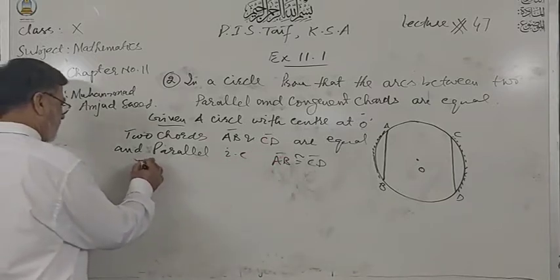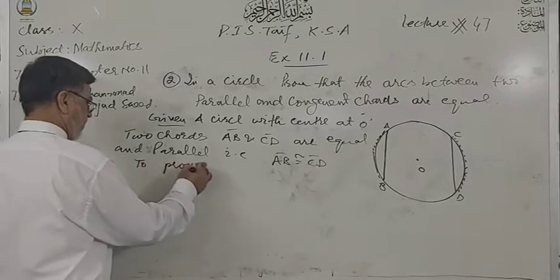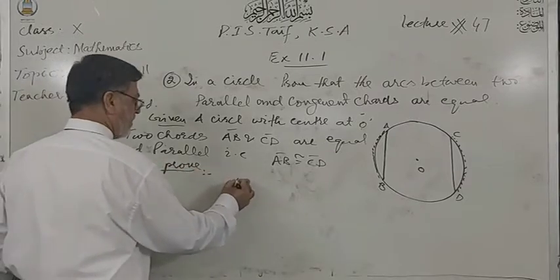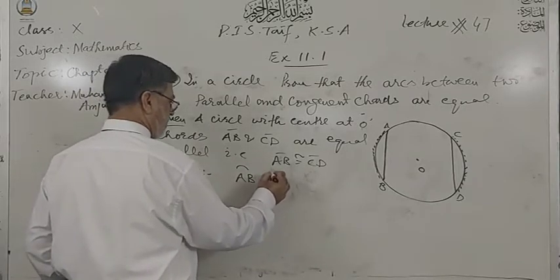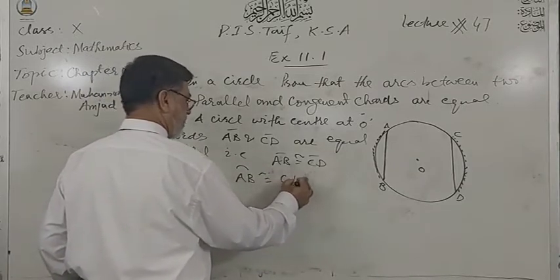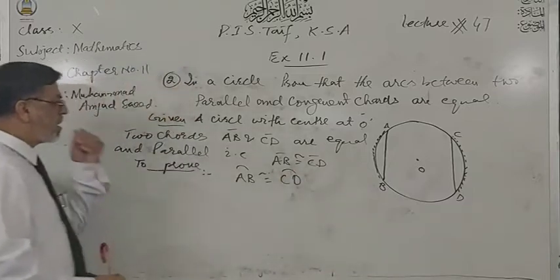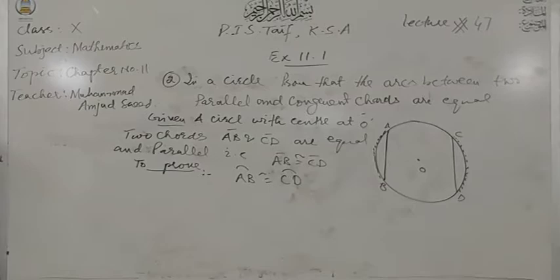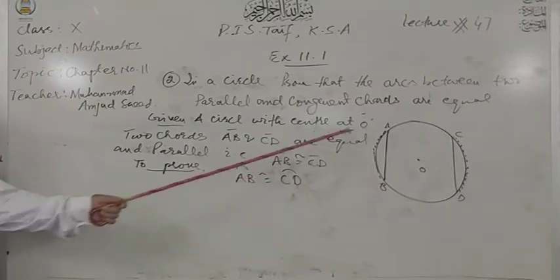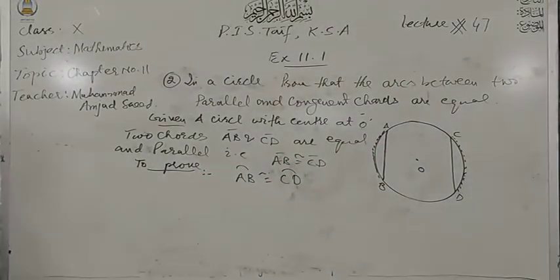To prove is, we have to prove that arc AB is congruent to arc CD.